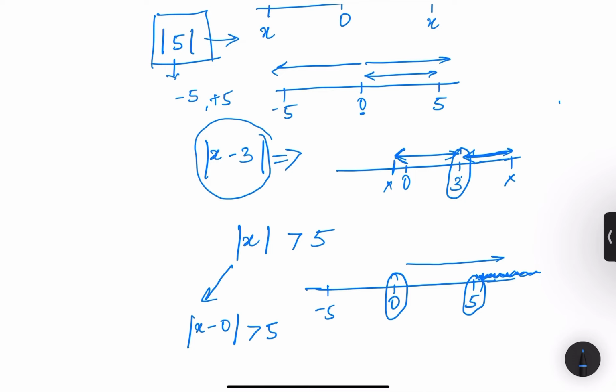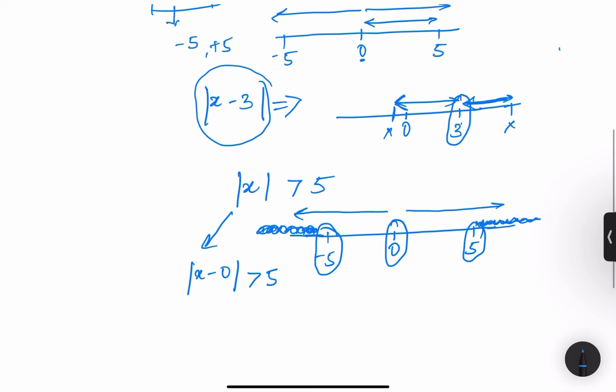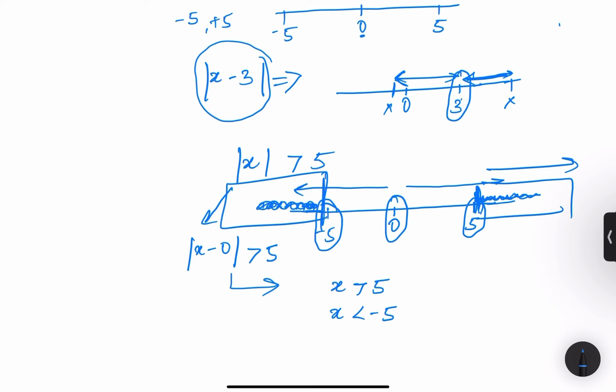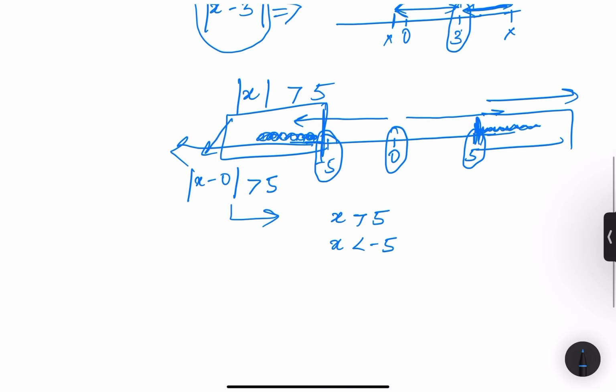And if x is towards the left side of number 0, then x will fall towards this side, that is less than minus 5. So what will be the values of x in this case? x is either more than 5 or x is less than minus 5. That means x will come either this side or this side.